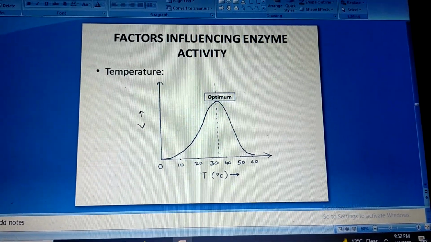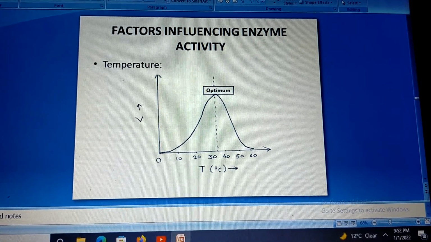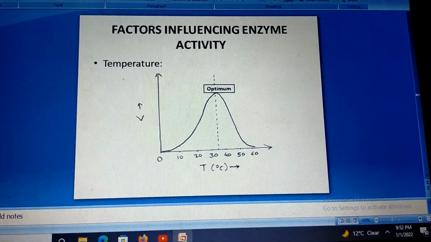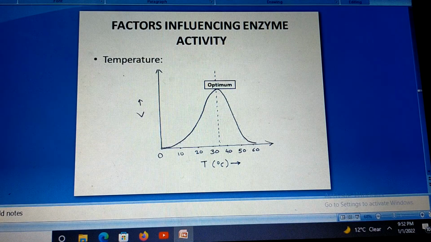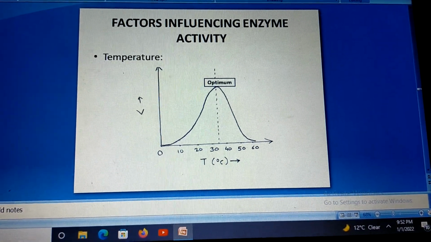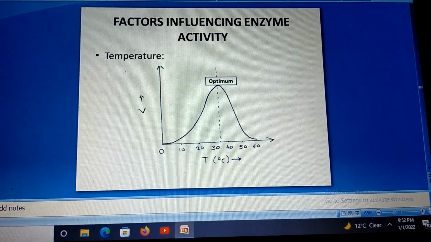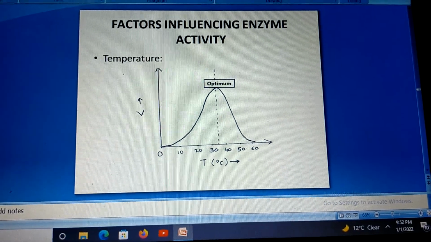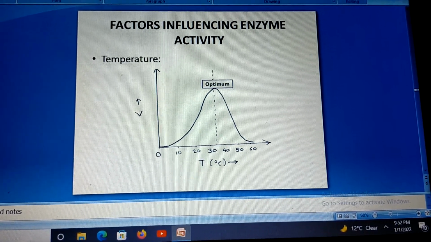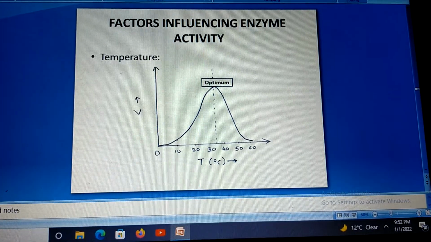Why does velocity of the reaction increase initially when we increase the temperature? This is because initially when we increase the temperature, the enzyme and substrate gain energy, their kinetic energy increases, therefore their motion increases.